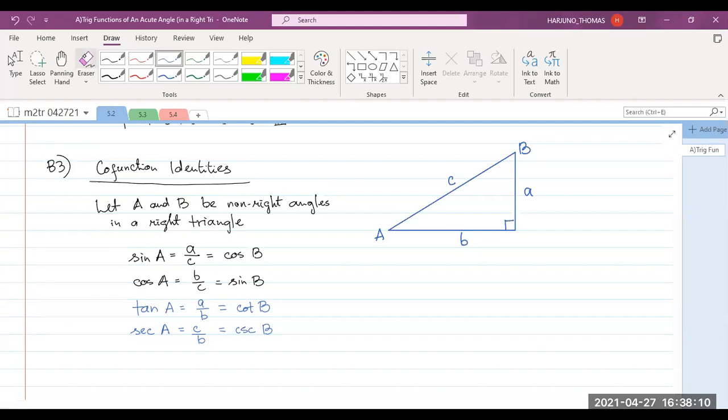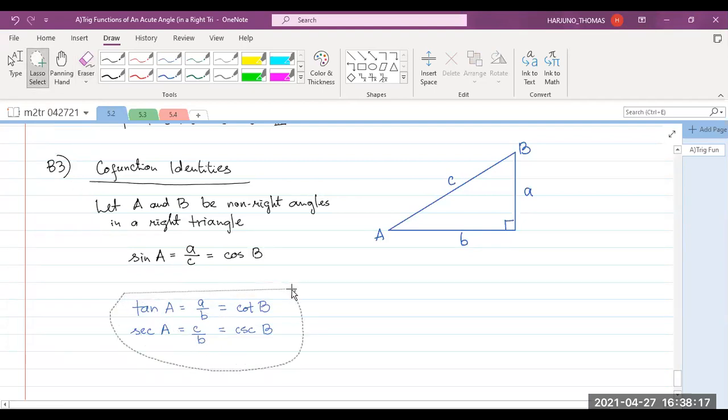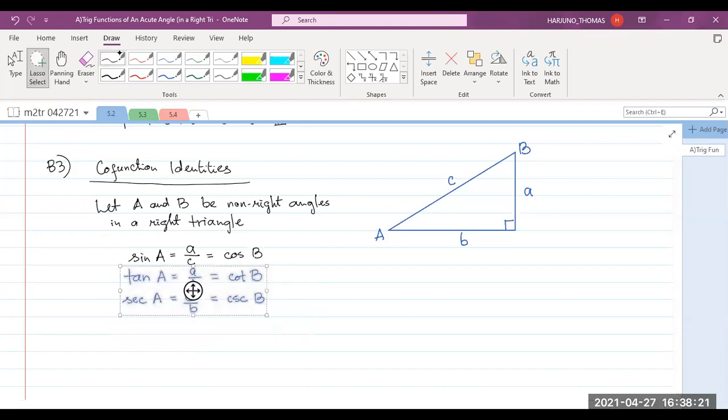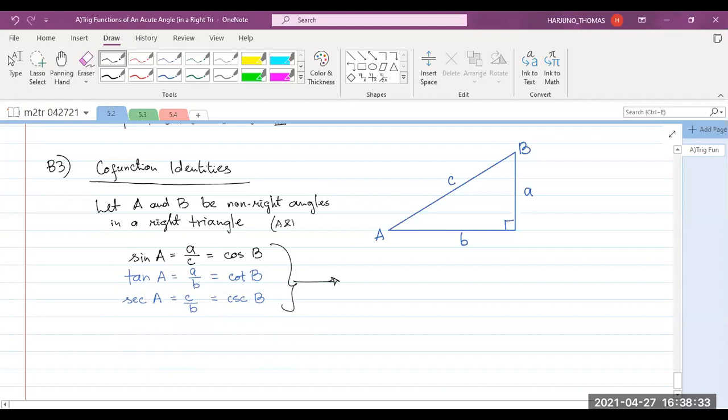Okay, so therefore I already proved what I need. Consequently, because A and B are non-right angles in a right triangle, A and B must be complementary.